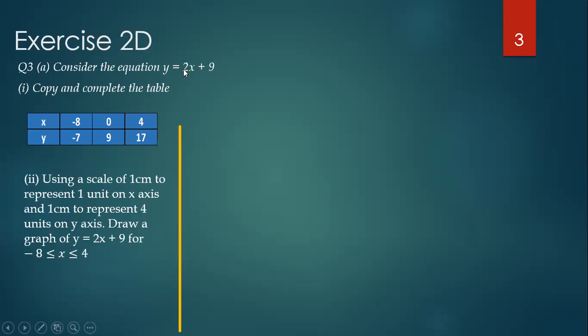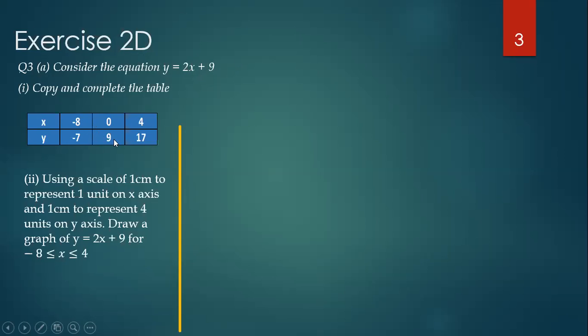So you can see this by substituting the value of x. And you can do it orally as well. Minus 8 times 2 is minus 16, and minus 16 plus 9 is minus 7, like that.